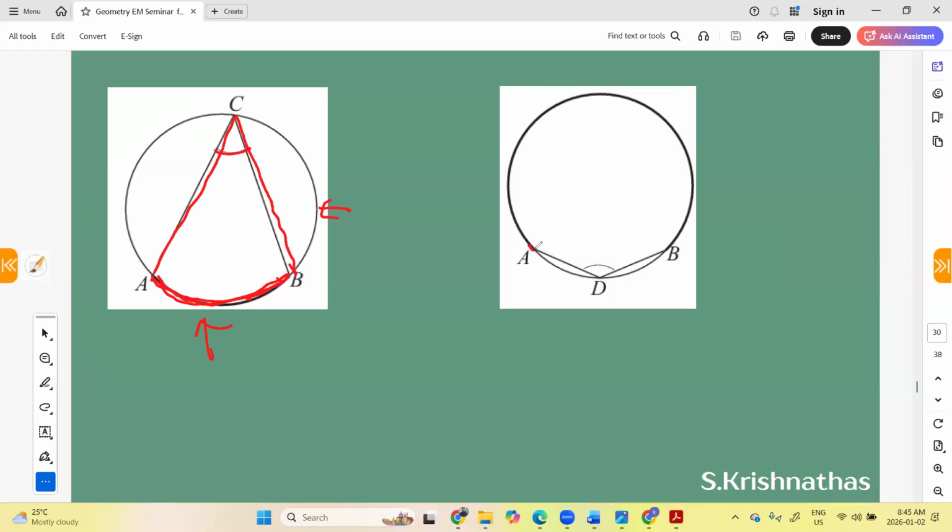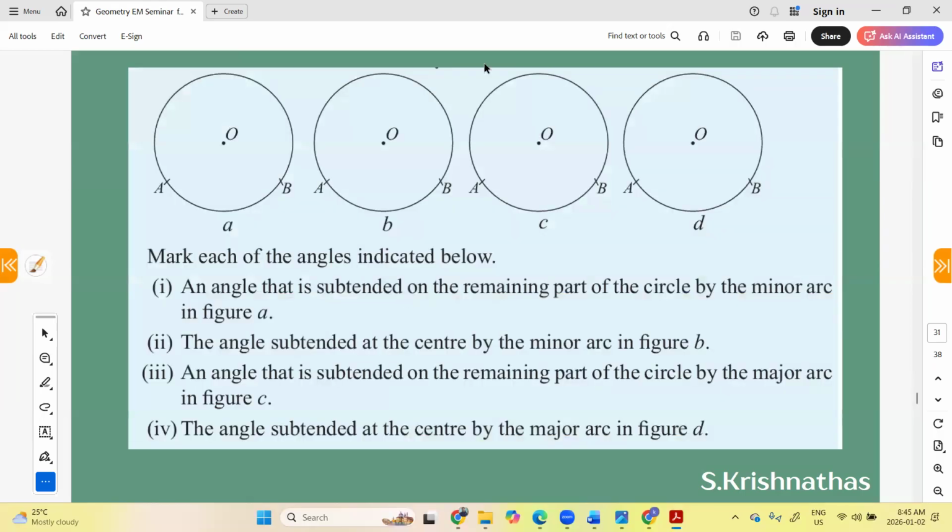In the second diagram, this is the major arc. The major arc subtends an angle at the remaining part of the circle. Right, here are some diagrams, students. If you understand minor arc, major arc, angle subtended at the center, and angle subtended at the remaining part of the circle, you can answer this question.